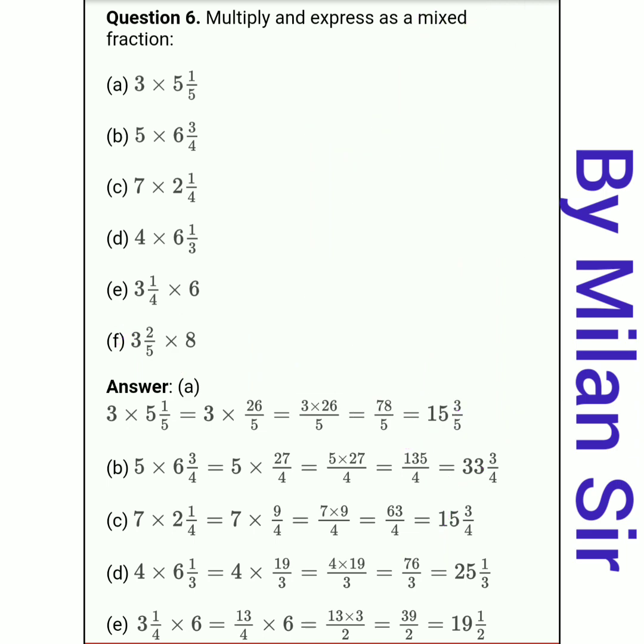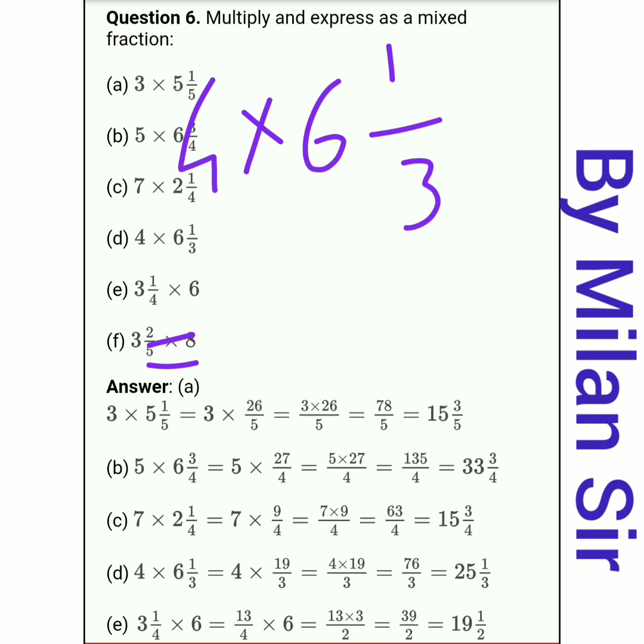Then question number D. 4 multiply 6 integer 1 by 3. Okay, so first of all convert this mixed fraction into an improper fraction. So 4 as it is. Now 3 multiply 6, 18, plus we need to add our numerator.